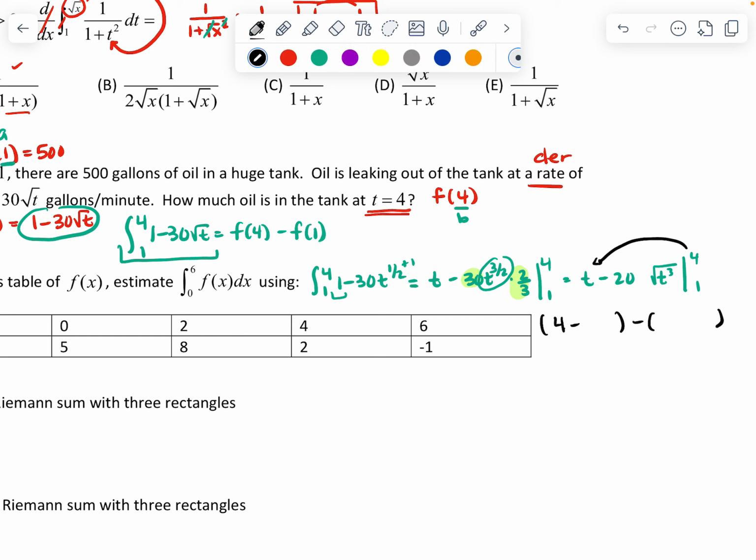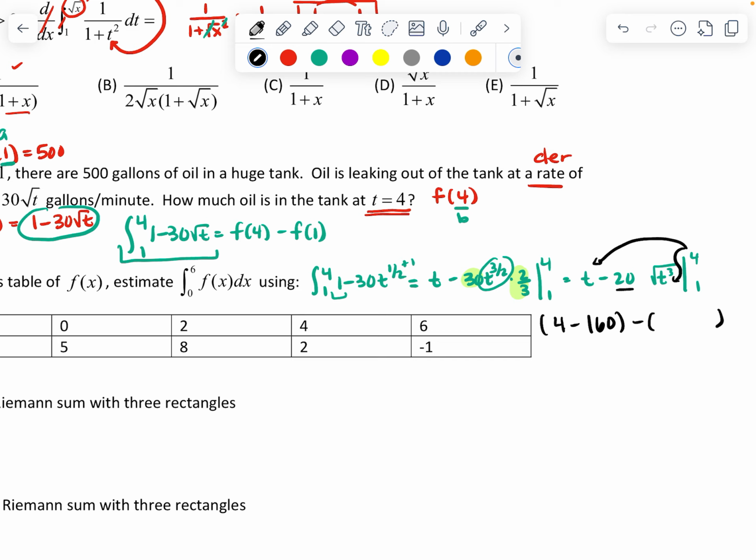Okay, so if I plug the 4 into here, 4 cubed is 64. The square root of 64 is 8, and then 8 times 20 equals 160.